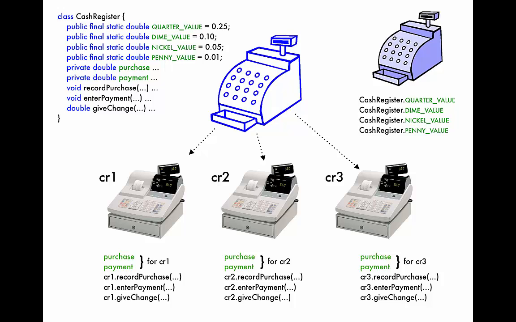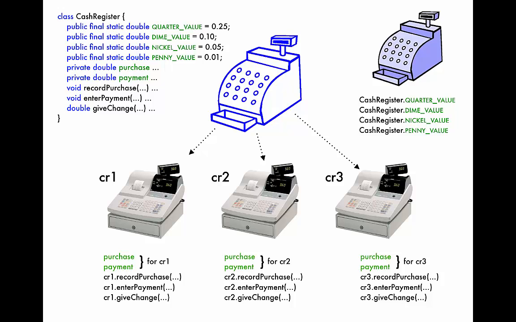Here's a little example to get you used to static variables. A cash register class has 4 constants, quarter value, dime value, nickel value, and penny value, that are declared static to the class. When individual cash register objects like CR1, CR2, and CR3 are created, those objects have all the non-static fields and non-static methods that are declared in the class.